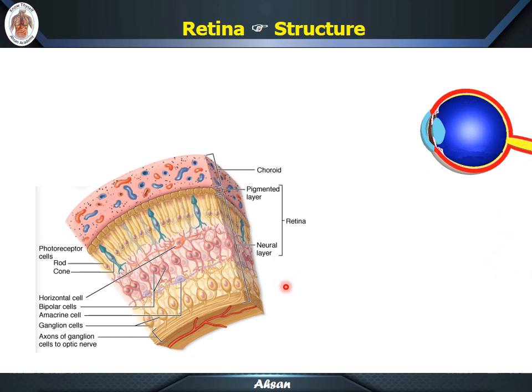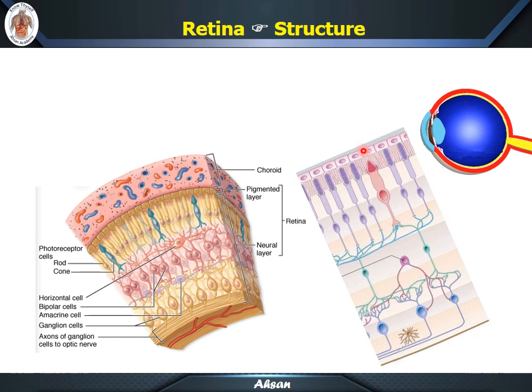This is the structure of the retina. This is inside, and this one is the choroid. So choroid, you can see, is a very vascular pigmented layer, and then retina starts. Two layers by embryology. We have understood the outer part, you can see this epithelium, and the inner part, this is the nervous area.